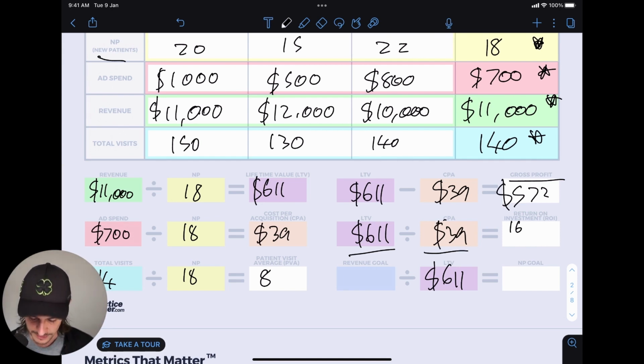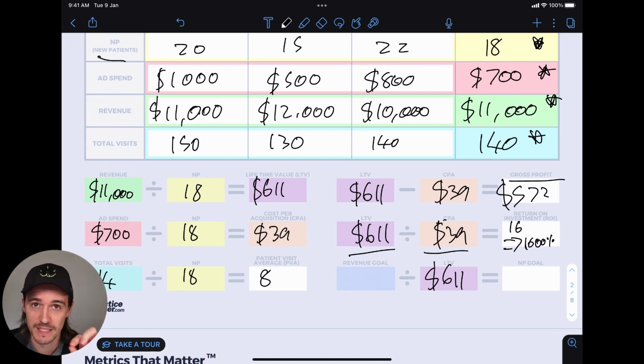Now, 16 is also equal to 1,600%. So you spend $1 and you generate $16, or $15 in profit. That's pretty good. If you're looking at this number and you're getting anything above 3 to 5, you're doing well. That means you spend $1 and you're making $3 to $5 back.